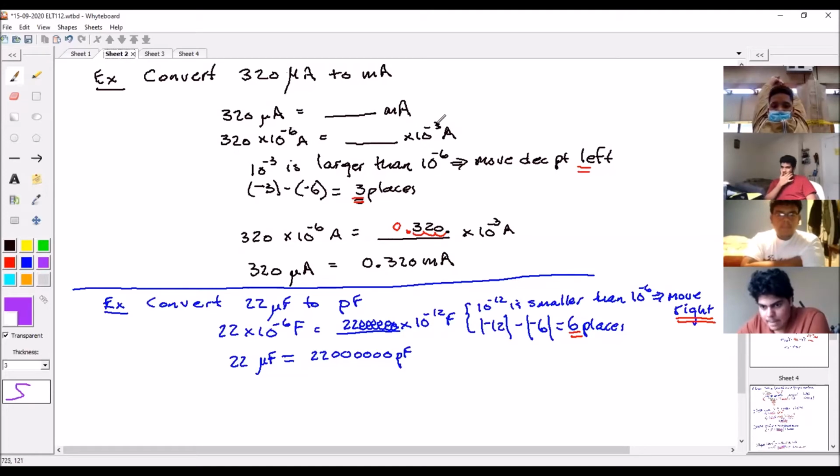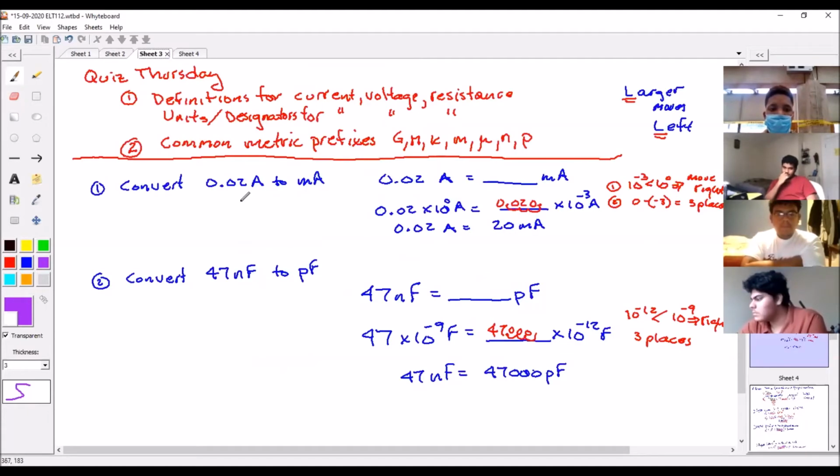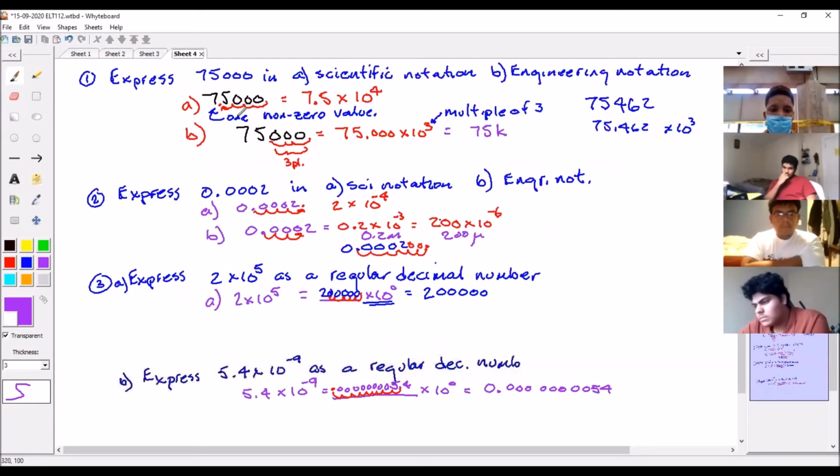How far we move it to the left or to the right is a function of the difference between the 2 powers. So in this case, we were going from 10 to the -6 to 10 to the -3. -3 is larger than -6, so we move left, and the difference between these two is 3, so we moved it 3 places to the left. If going to a smaller power, we move to the right by the difference. Then you did a couple of examples. What I want to do today, we're done with that.